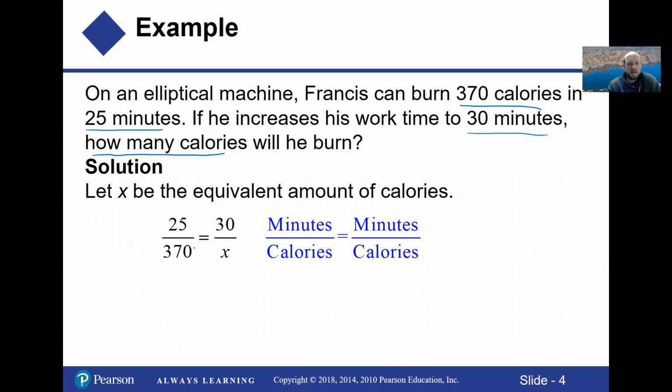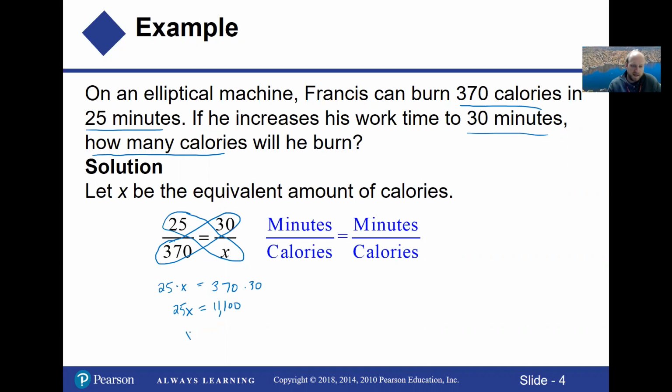Then I'll give you another way that you could set it up. When we solve a proportion, we cross multiply, so we multiply diagonally. We take 25 times X and set it equal to the other one, 370 times 30. That gives us 25X equals 11,100.